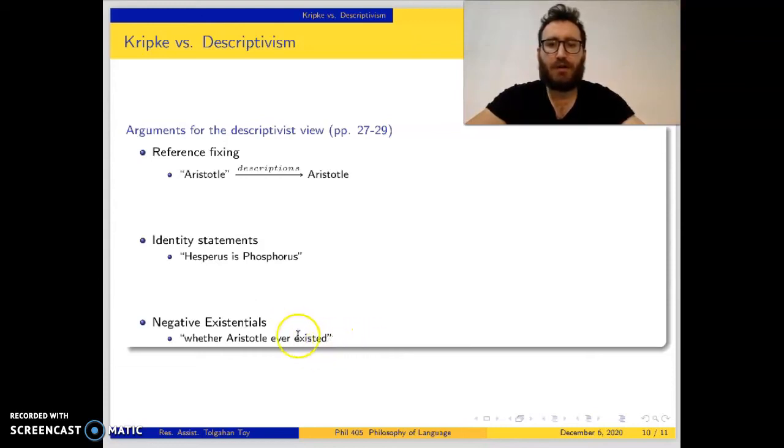Or as in this example, when you ask whether Aristotle ever existed, if you are a Millian and you say that Aristotle here does not have a connotation, that associated descriptions do not play any semantic role, then you cannot make sense of this sentence, because if you are able to talk about an object, then you guarantee that that object exists. Then it would be absurd to make such a statement.